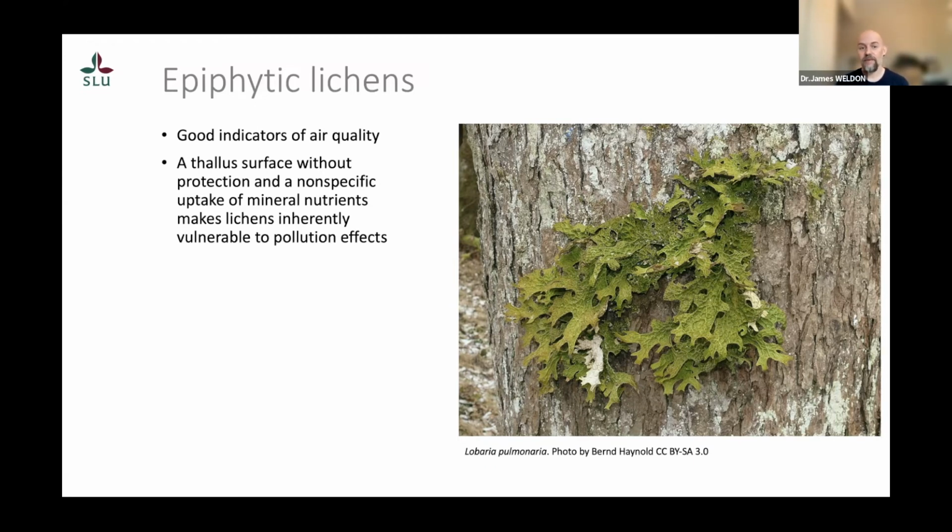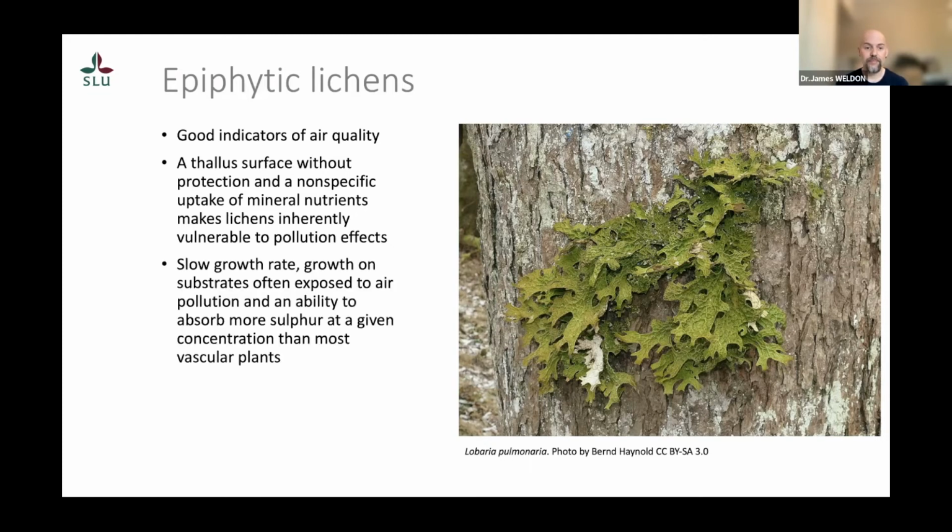The reason is that they're very susceptible to taking up mineral nutrients, including air pollutants, because of their basic physiology. They can take up nutrients across their entire surface. They also have a slow growth rate and are often exposed to air pollution because of their growth habits on exposed surfaces. And for a given concentration of sulfur, they will absorb more of it than a vascular plant in the same environment.